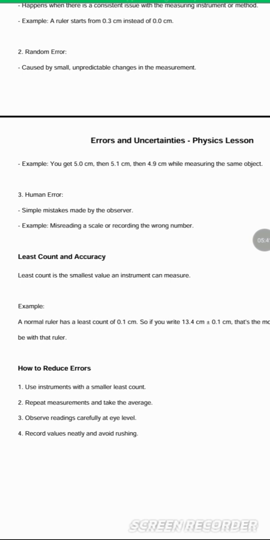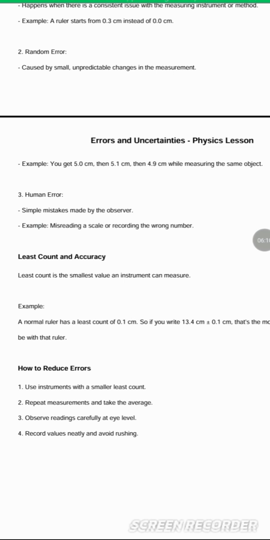For example, a normal ruler has a least count of 0.1 centimeter. That means you can't be more accurate than plus minus 0.1 centimeter when using it. So if your answer is 13.4 centimeter plus minus 0.1 centimeter, that's the best you can do with that ruler, and that's okay.